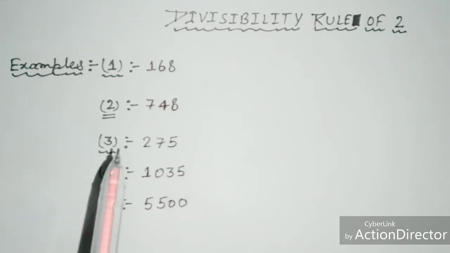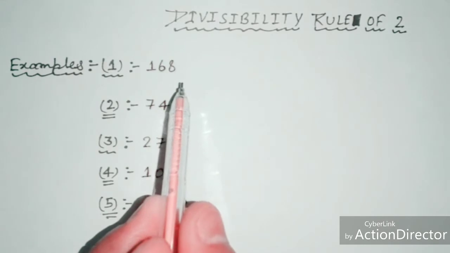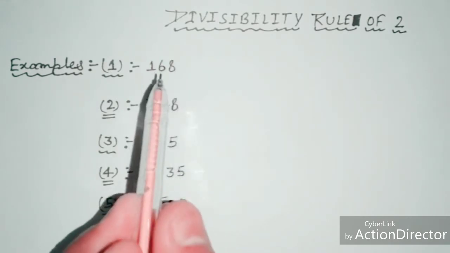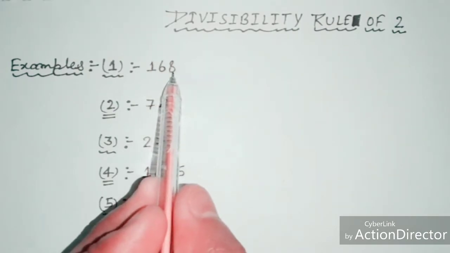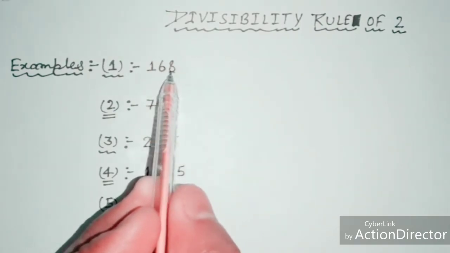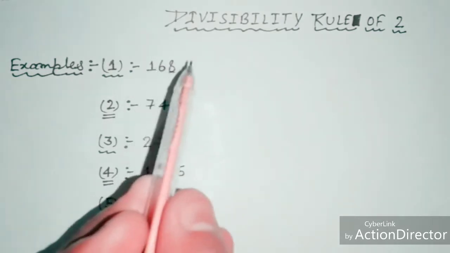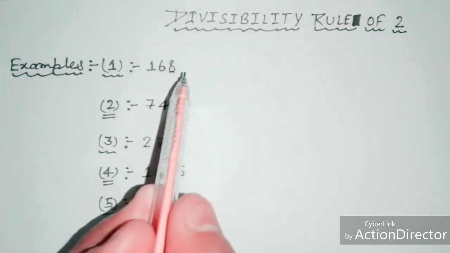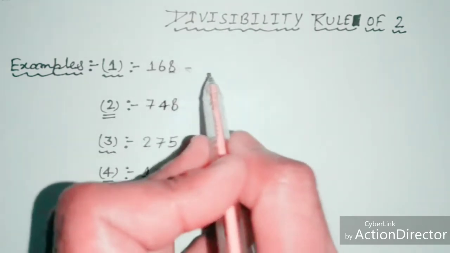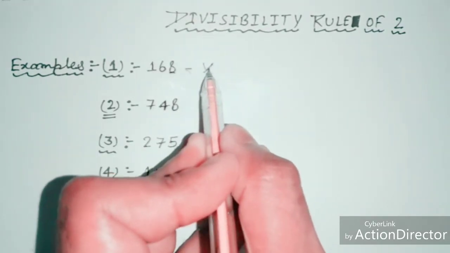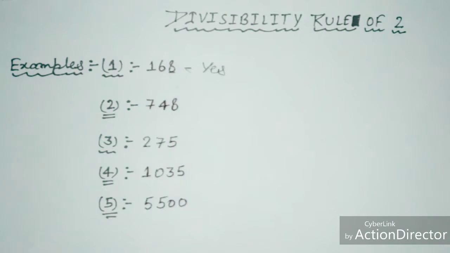Example number 1, 168. The last digit, the unit digit, is 8 and 8 is divisible by 2. 2 fours are 8. So this number is divisible by 2. So we say yes, 168 is divisible by 2.